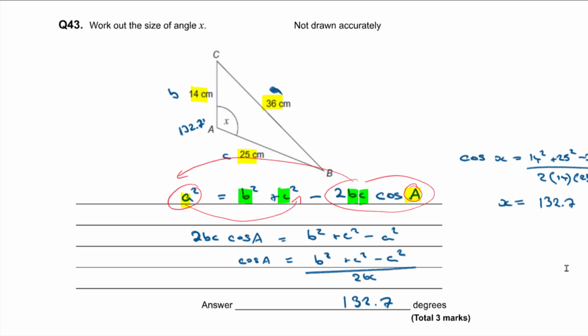And 132.7 matches that picture. They're not drawn accurately, so it's not a 100% guarantee you're right or wrong. But if it looks right, it's probably right. If it looks wrong, it's probably wrong, and you can go away and check it in the exam rather than waiting for your results to come back to find out it's wrong.